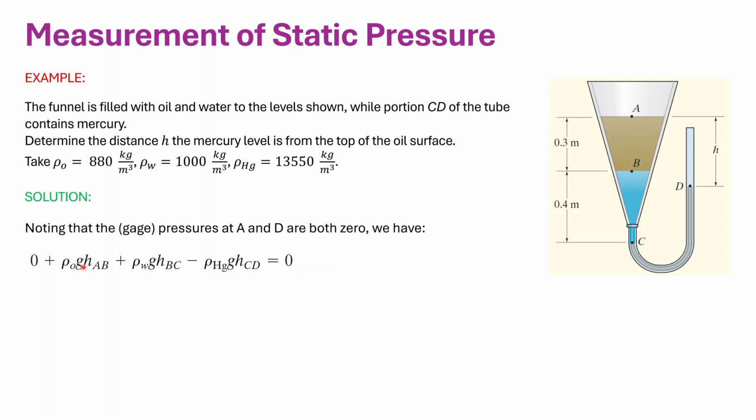Rho times g times h AB plus rho W g h BC, which is pressure caused by this column of water here, minus rho Hg, which is density of mercury from here to here, g h CD. h CD is from here to here, equals 0.